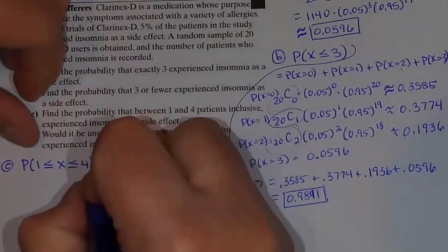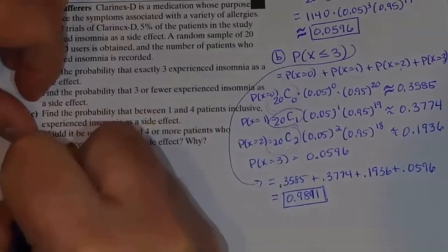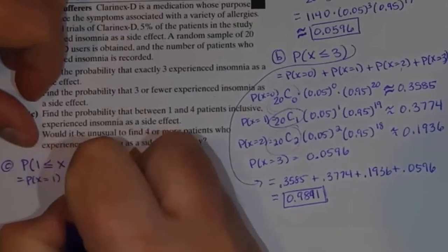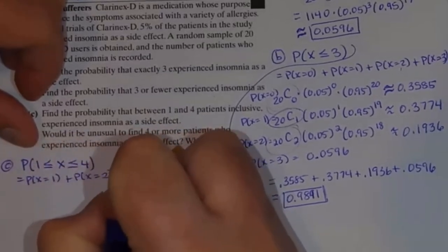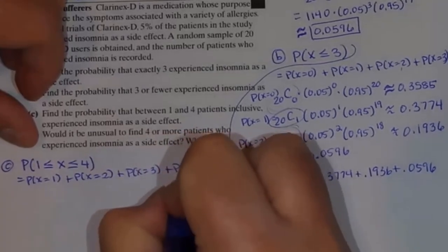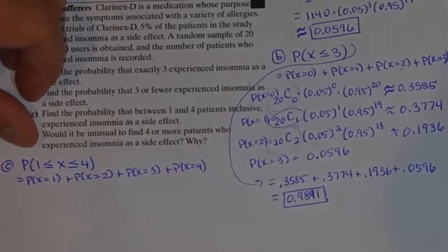So that's going to equal the probability of x equals 1 plus the probability of x equals 2 plus the probability of x equals 3 plus the probability of x equals 4.